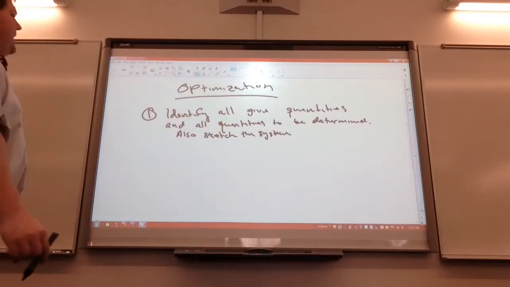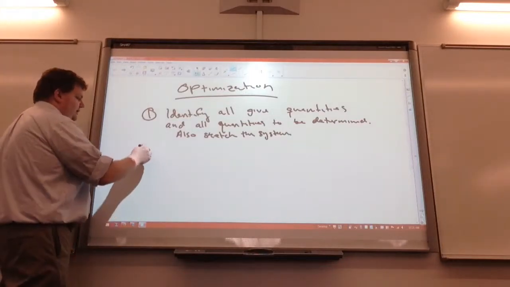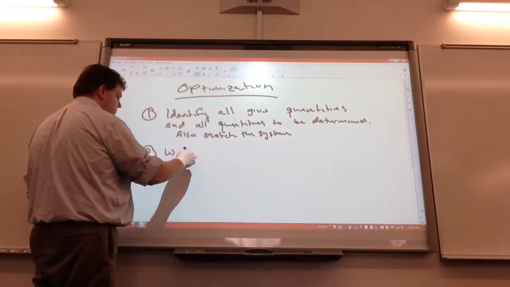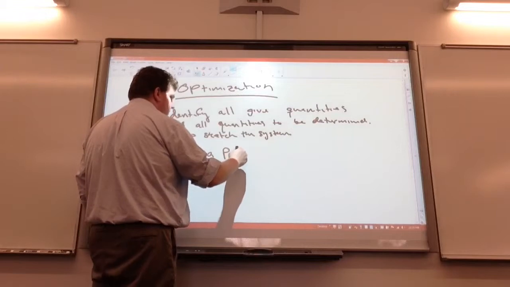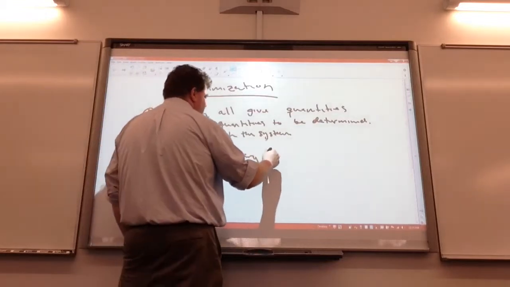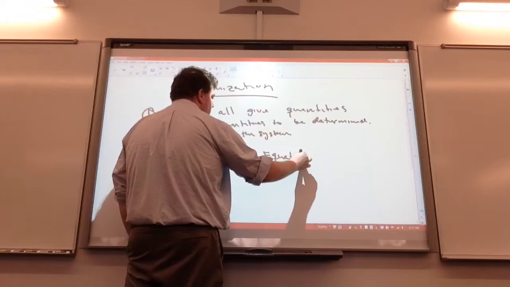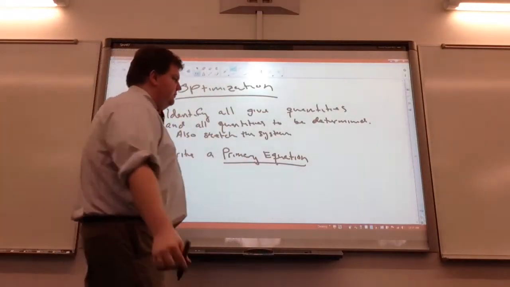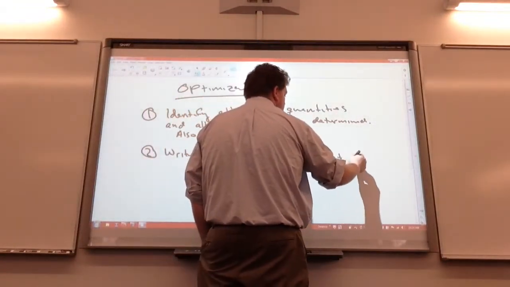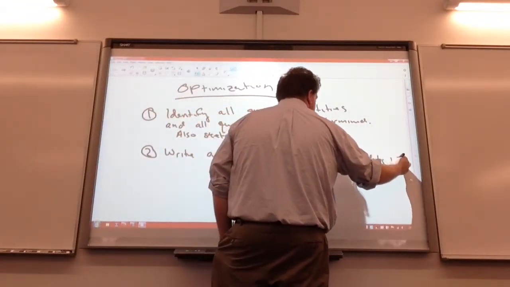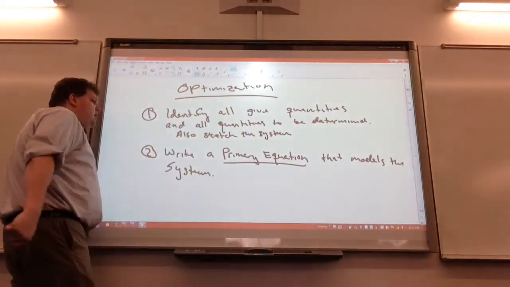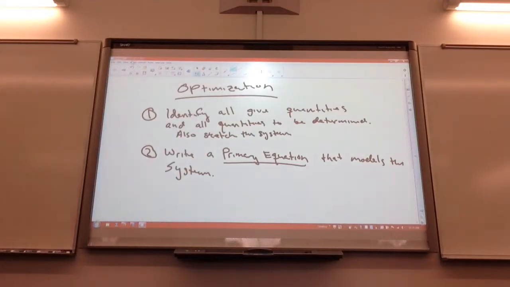Now, the second thing we're going to do here is write a primary equation that models the system. This primary equation, by the way, is going to be the equation that we take the derivative of to find the maximum or minimum.